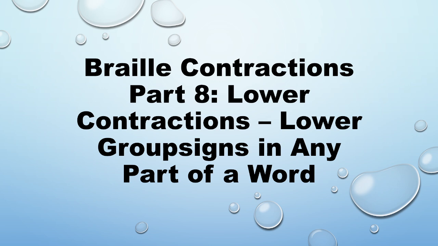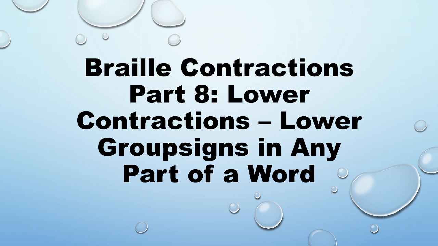Now, in my previous two videos on contractions, I already discussed the other types of lower group signs. The first one was about lower group signs that can only be used at the beginning of the word, such as be, con, and dis.